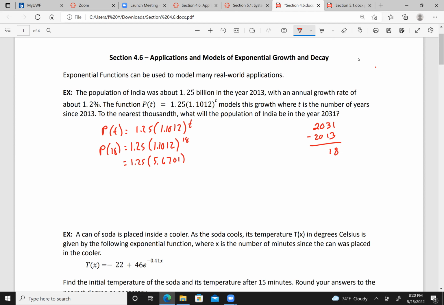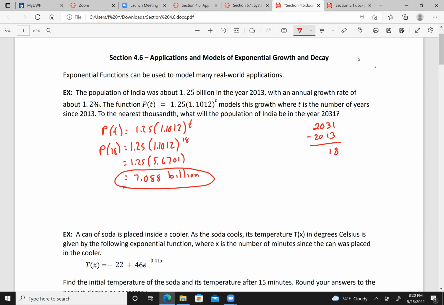Then we do that math, and again rounding to thousandths, which is 3 decimal places, we have 7.088 billion. So that would be population growth, exponential growth.